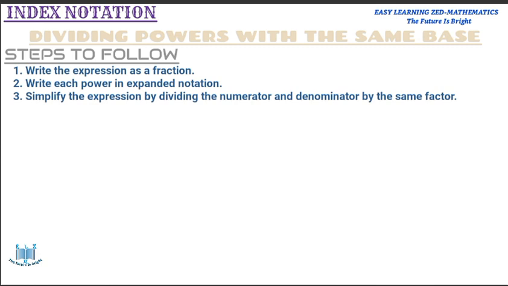Now in this case, we are dealing with powers with the same base. That means when you expand the powers, they are going to be of the same number. You're going to have a numerator which is a repeated multiplication of the same number, and a denominator with the repeated multiplication of the same number.